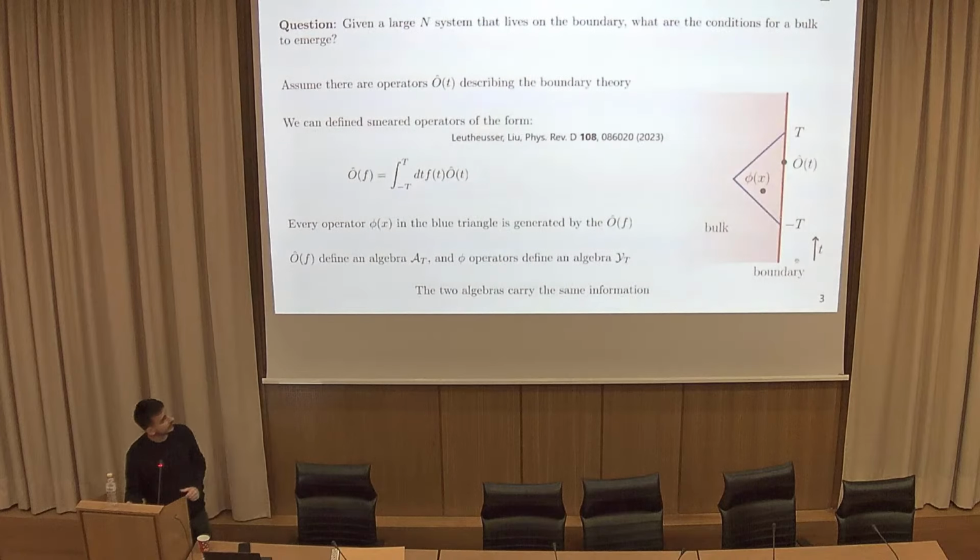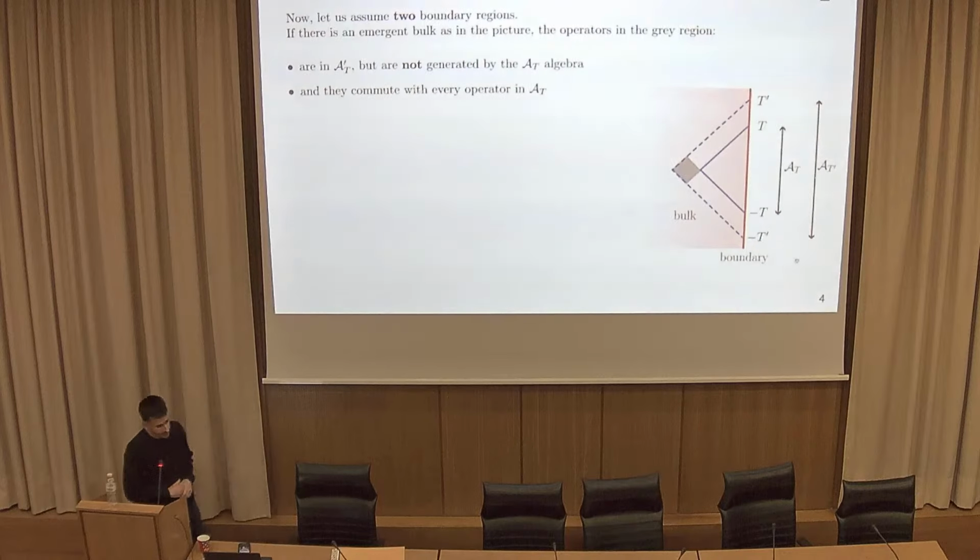And as the people in this paper showed, these O of f operators define a well-defined algebra, a von Neumann algebra, and also the phi operators define another algebra describing the bulk. And in the end, in the case of having a duality, in the case we can draw this picture, these two algebras carry the same information, in some similarity to the previous 1D kind of duality we had, where the two Hamiltonians were describing the same physics.